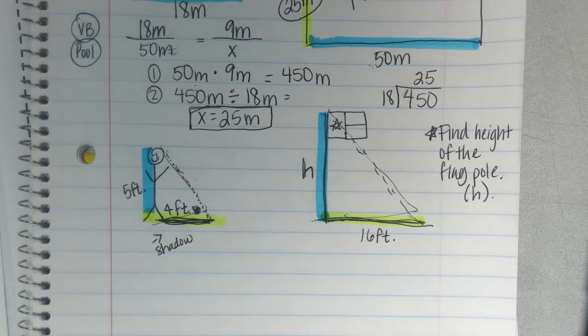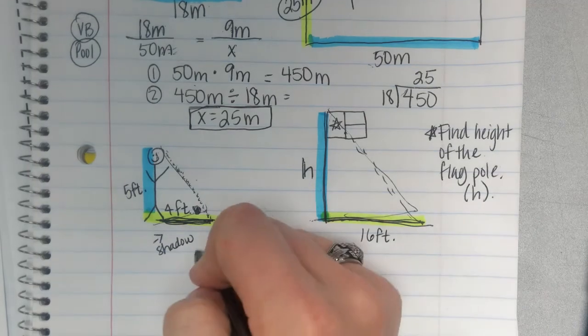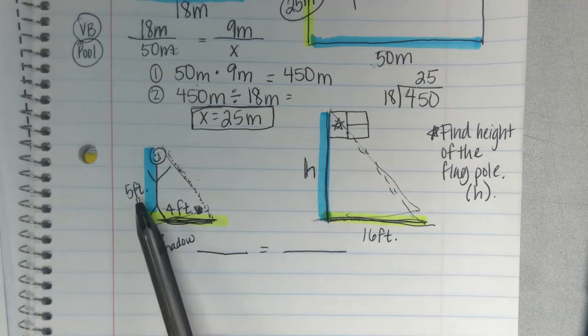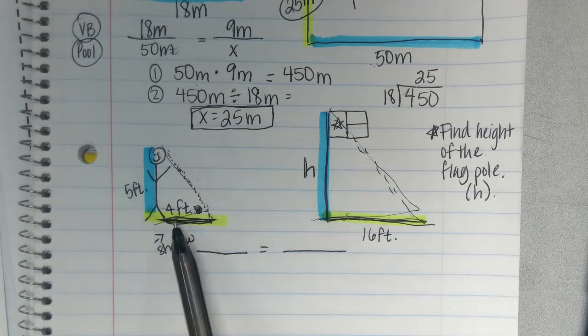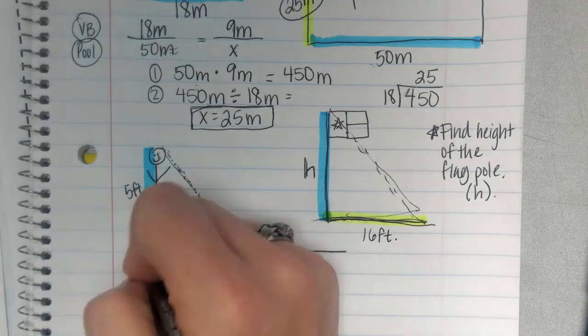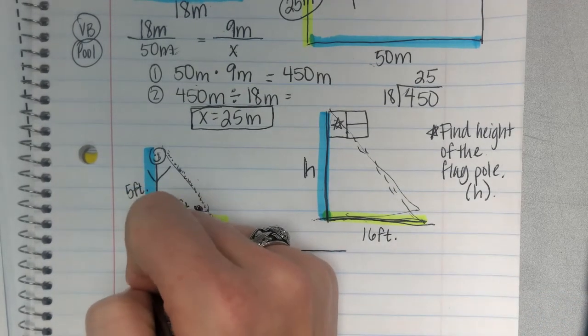So now, do we have enough information here to set up proportions to solve for h? Yes. Let's do what we know here with the shadows. Let's do the person on top and the flagpole on the bottom.